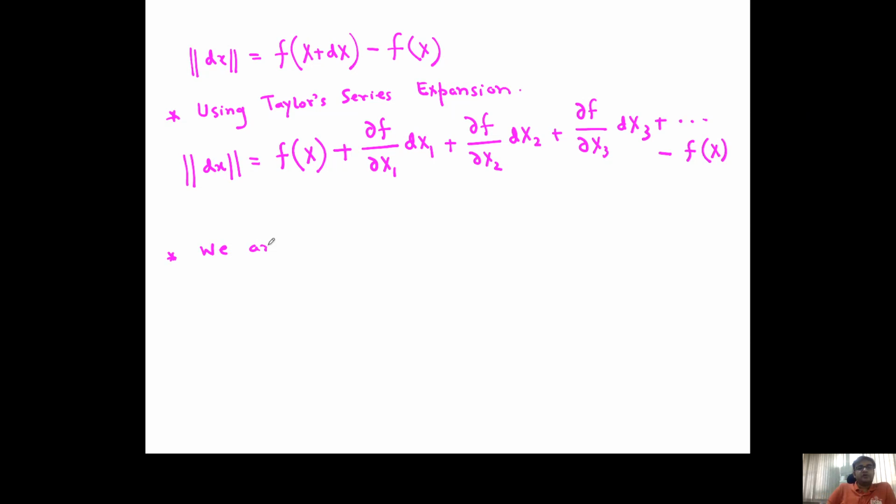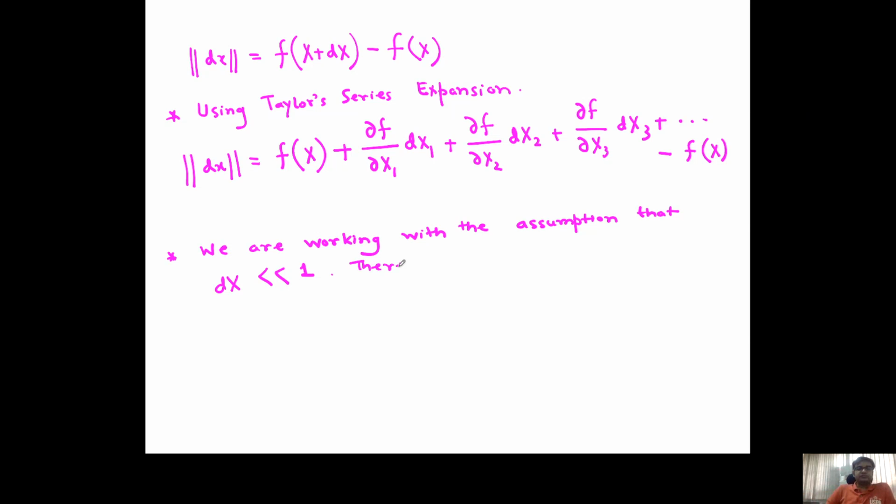We are working with the assumption that dx is much less than 1, which means all the higher order terms where there will be dx square, dx cube, and all those things can be ignored.